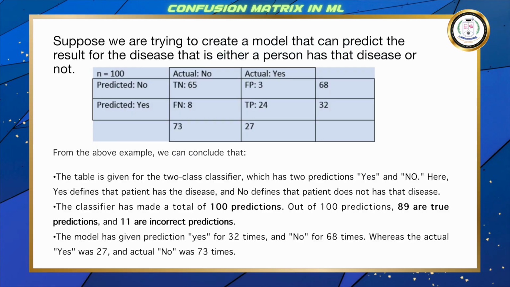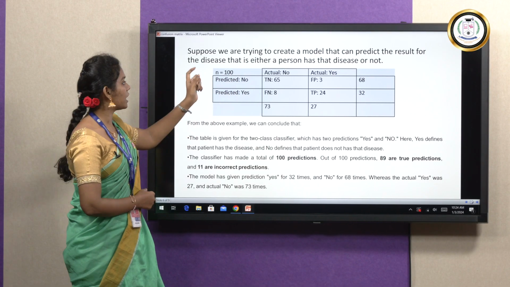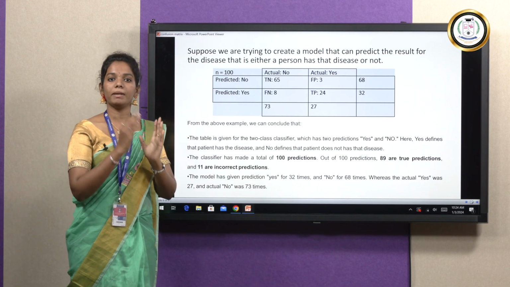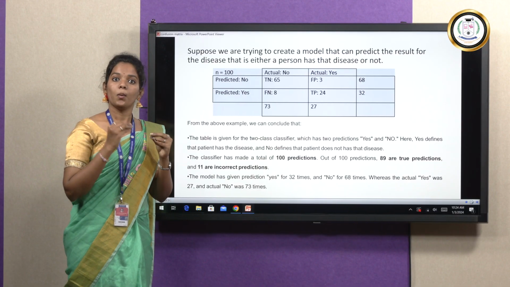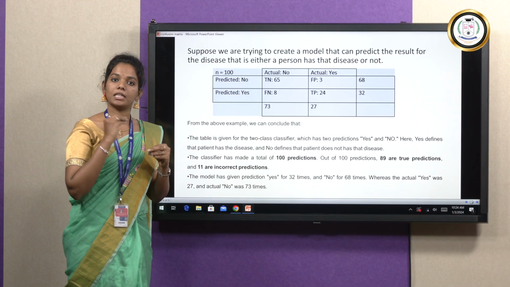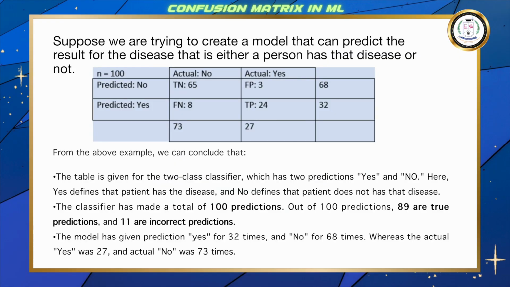And here I am coming to the calculation problem. Suppose we have to predict the results of a given case, for example, a person admitted in a hospital for a disease. We have to predict whether the person has the disease or not. So here are my predicted and actual values, where n is the total number.